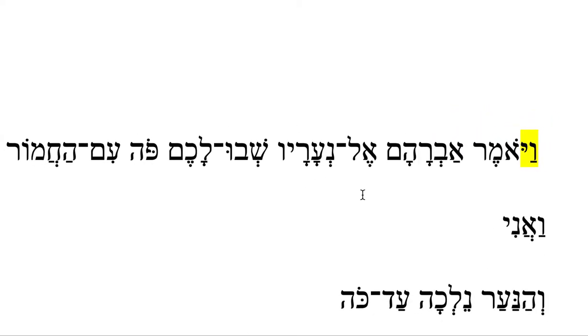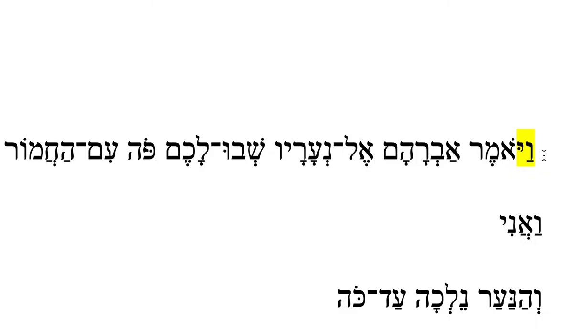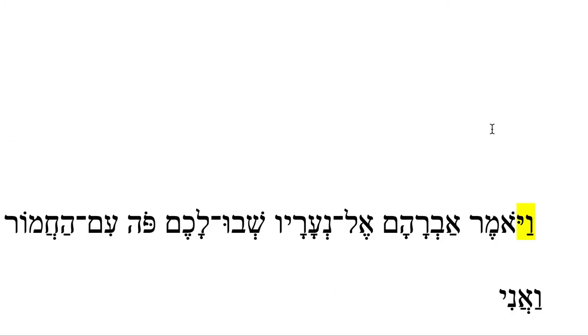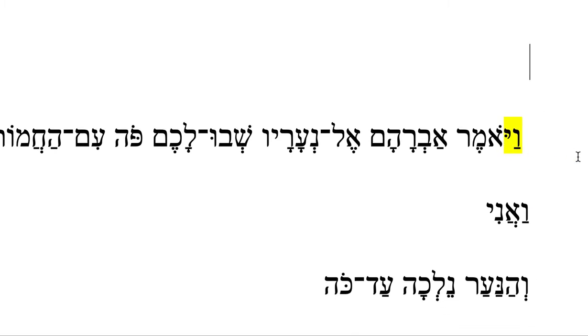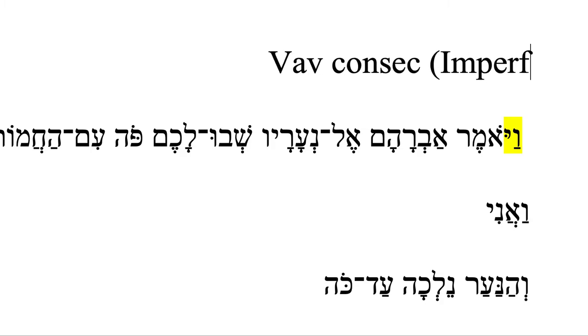Okay, so let's start with the first, vayomer. You can clearly see the vav consecutive, and so you know this is going to be your verb. It's right here, so we can right away parse this. And this is so common that you should just know how to parse this very quickly. So vav consecutive, which is imperfect, right?